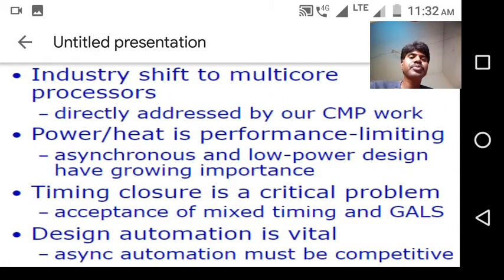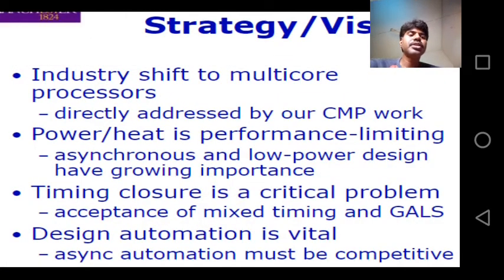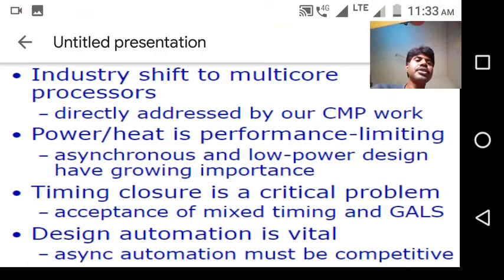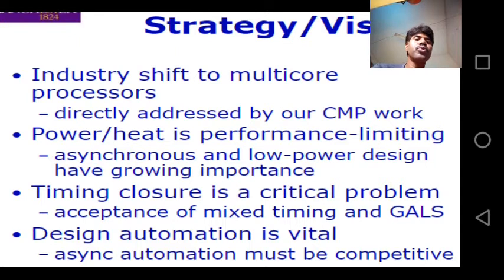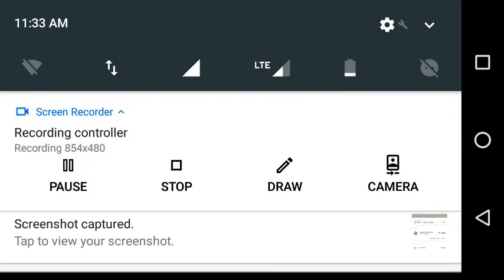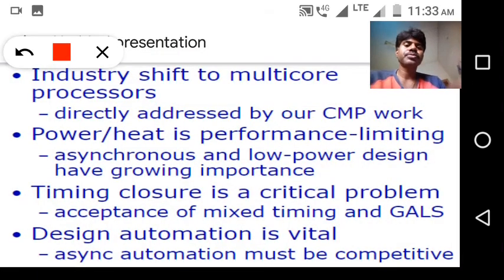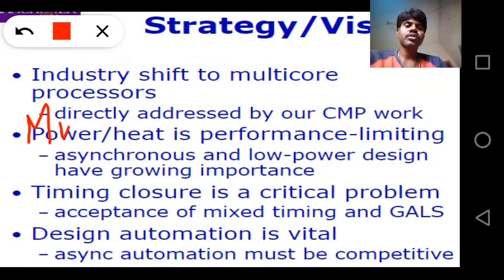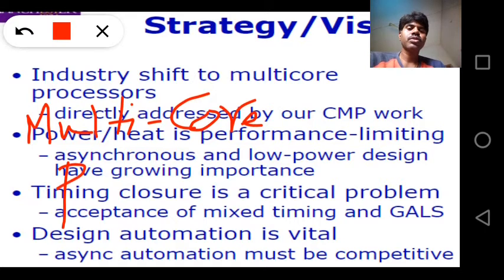And next we see the strategy or vision. What this strategy or vision says is that when the industry shifts to multi-core processors, you should understand this word multi-core processor.